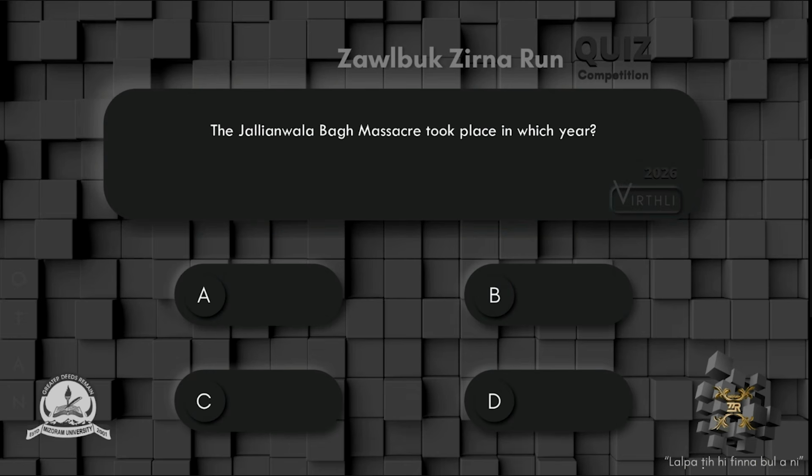Next team, this is your question. The Jallianwala Bagh massacre took place in which year? A. 1917, B. 1919, C. 1920, and D. 1922. And your time starts now. A, 1917.